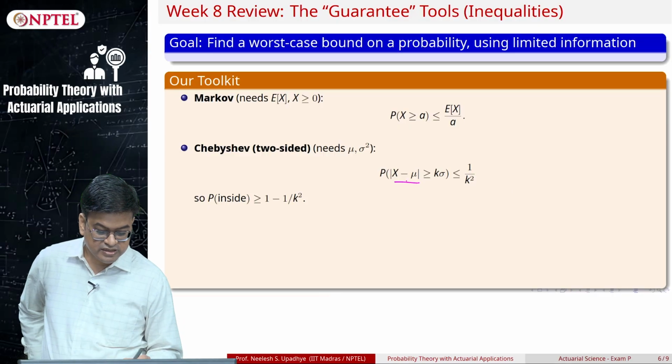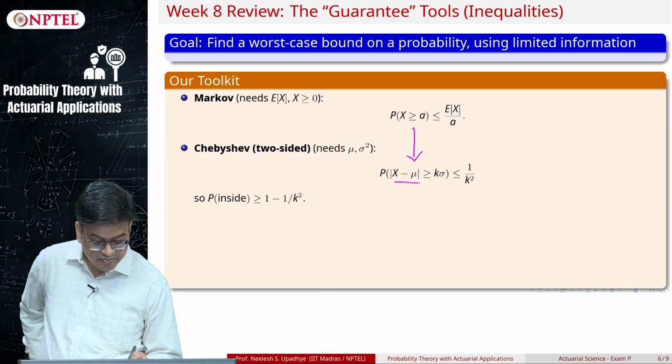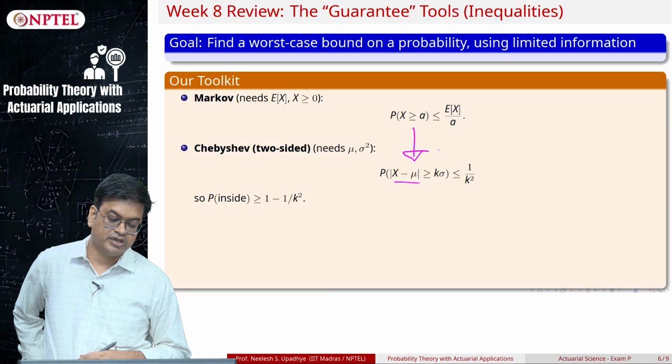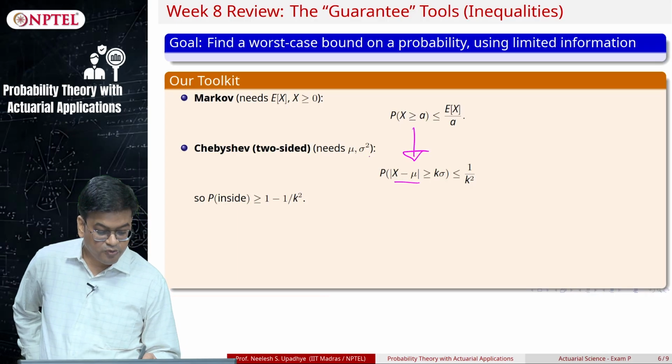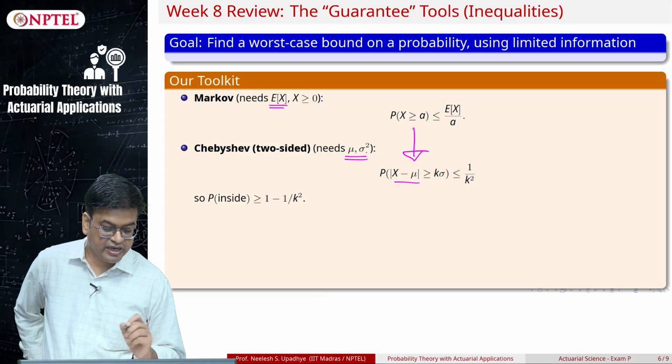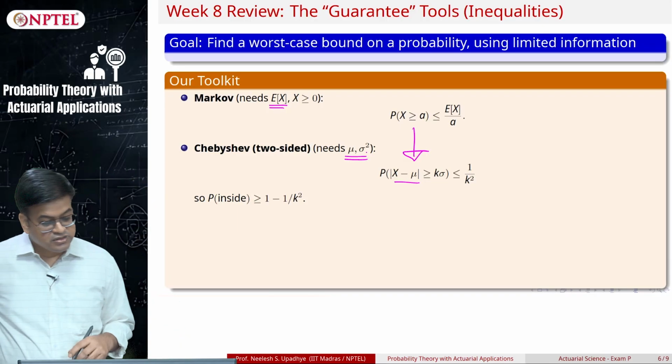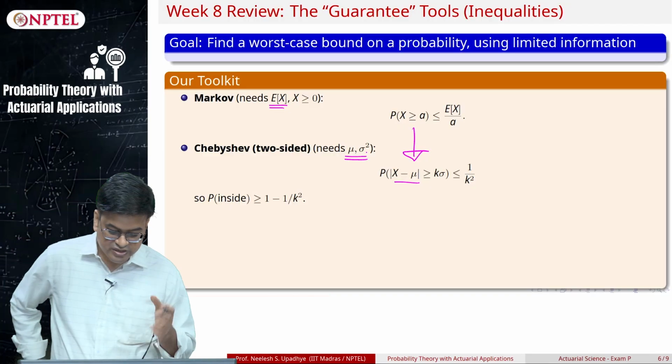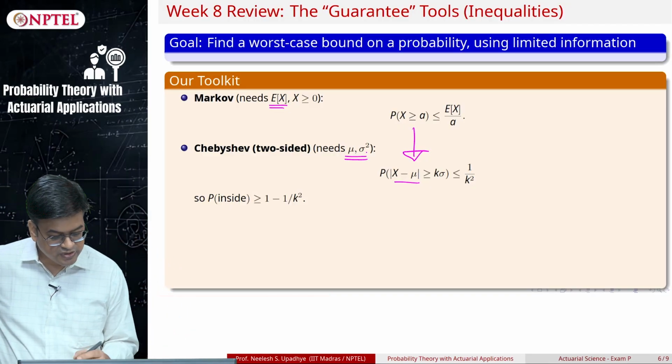This is an interesting thing, but it is a direct implication of this Markov property, with more information given: mu and sigma square. Here I had only mu, here I have mu and sigma square. So, how can I derive this? We have derived this, but let me give you a glimpse of this.